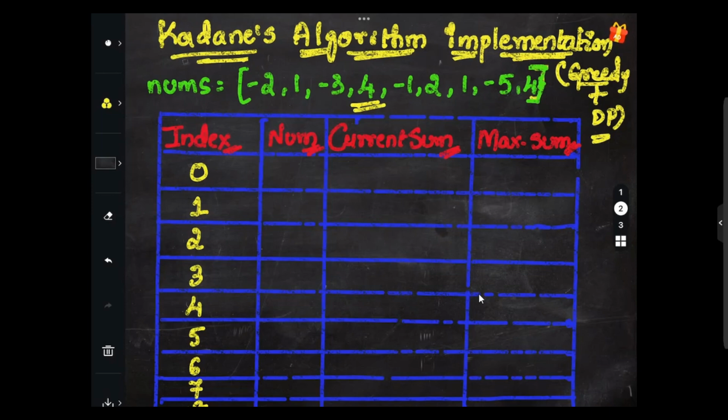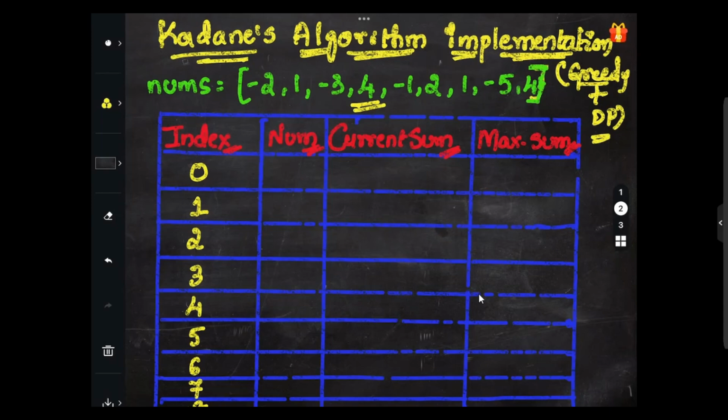Current sum is the sum of the current subarray. Maximum sum is the maximum sum that is found so far. This is very important, whatever I am saying. Just keep this in mind. Whenever the current sum becomes negative, we will reset it to 0.